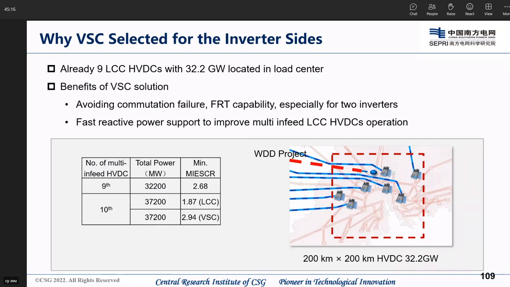So by using the VSC solution, we can avoid commutation failure and even provide extra reactive power support to help the multi-infeed LCC, the other LCC HVDCs, restore from faults.